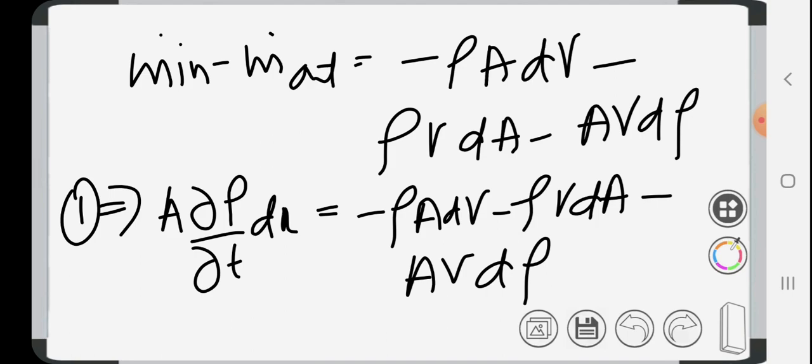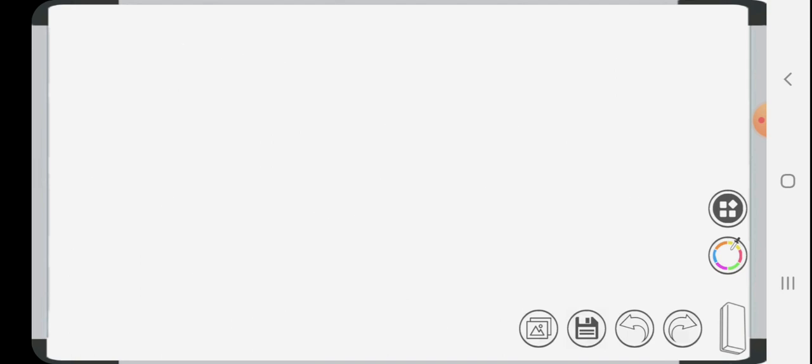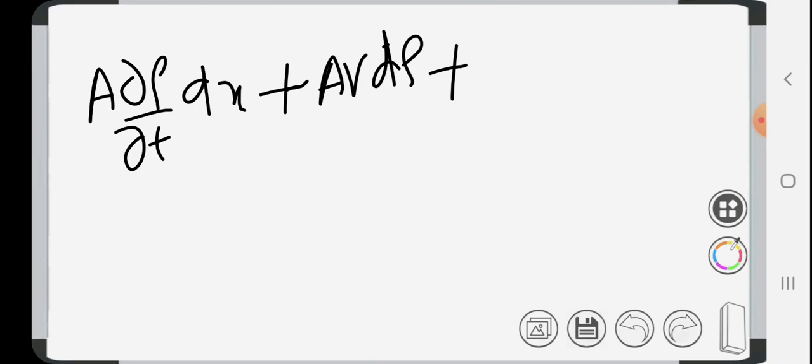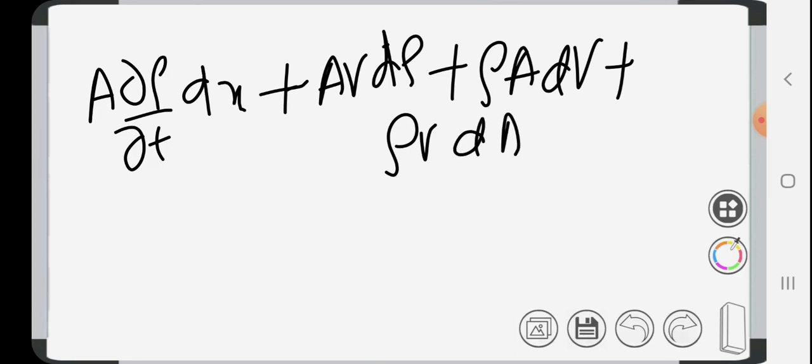So bring all these 3 terms from the right hand side to the left hand side. So the equation becomes A dou rho by dou t dx plus A v d rho plus rho A dv plus rho v dA equal to 0.